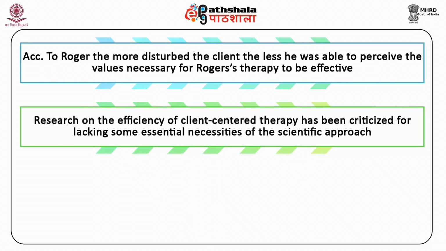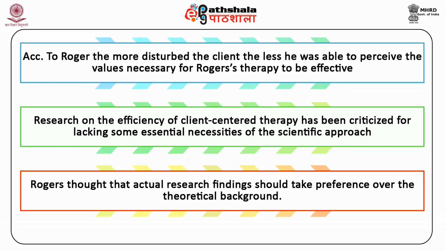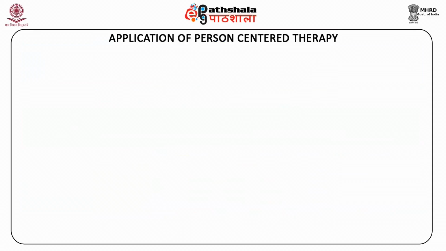Research on the efficacy of the client centered therapy has been criticized for lacking some essential necessities of the scientific approach, for example, inapt control groups, and also lacking scientific rigor. Rogers himself believed in the importance of conducting research on psychotherapy processes and outcomes, and that actual research findings should take preference over the theoretical background.